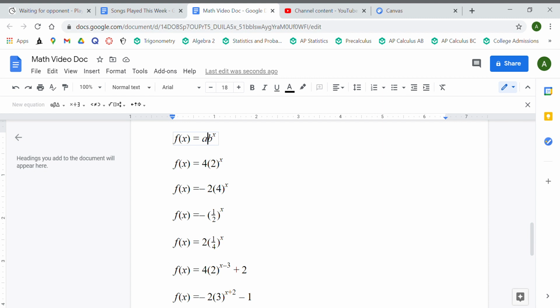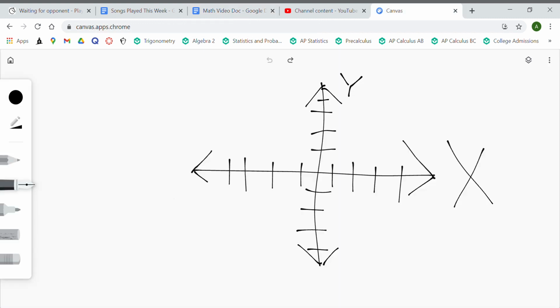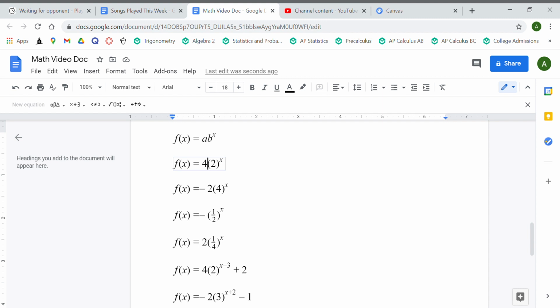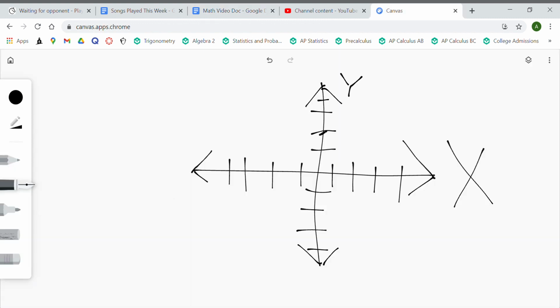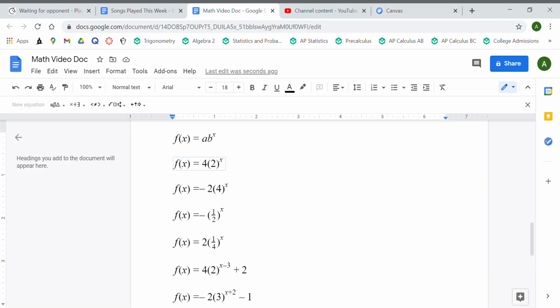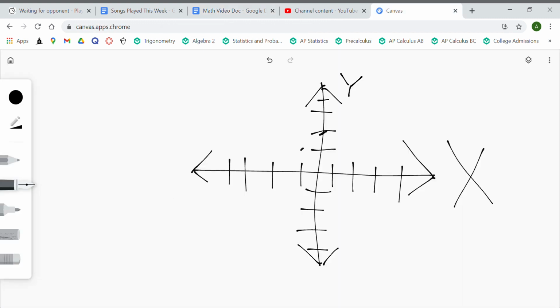That's why this number right here is our y-intercept. So again, using y increments of 2, we get the point (0, 4) here. And then we simply go from there. So then we simply plot a few more points. So 2 to the power of negative 1 is 1/2. Multiply that by 4 and you get 2.